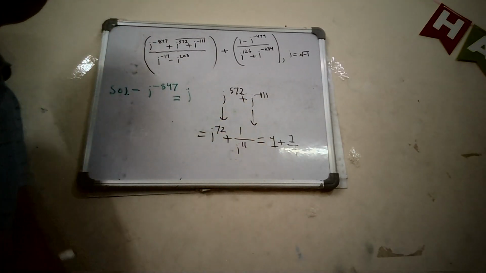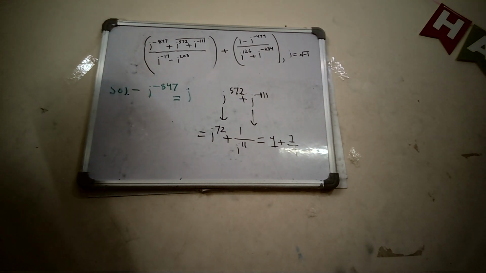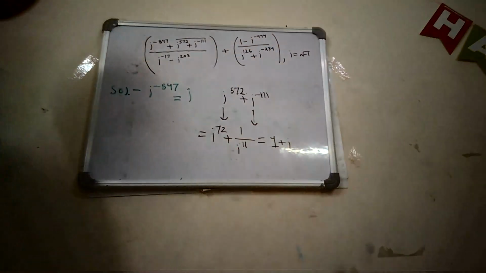Just multiply the conjugate, multiply by I, so it'll be I squared, the 1. So this will be I. Nice. Things are going down.